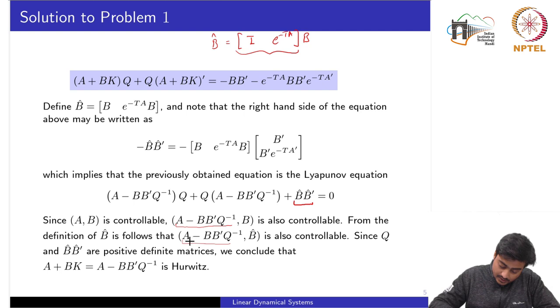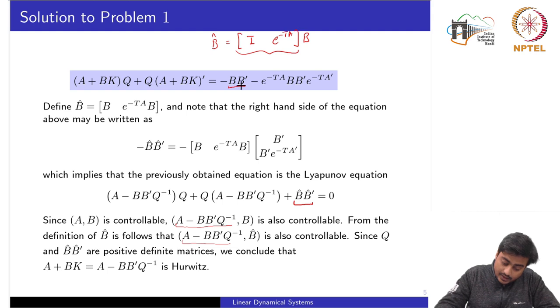So meaning to say, this closed loop state matrix paired with another B matrix, which is B hat, would also be controllable. Now since Q and B hat transpose are positive definite matrices, we conclude that this pair would definitely be Hurwitz. Now this is easy to visualize, that why this matrix would be positive definite matrix. So see this one.